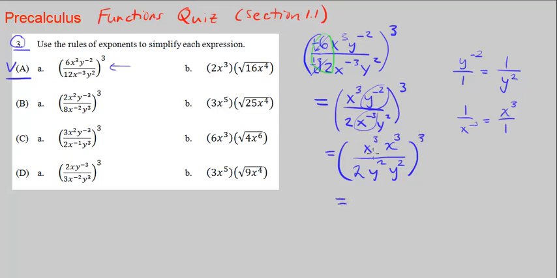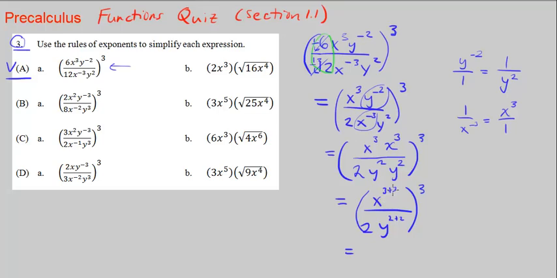Now if I have the same base, I can add the exponents. So I'm going to have x to the 3 plus 3 power over 2 times y, again same base, so I can add the exponents. And again, don't forget this expression is still being cubed.